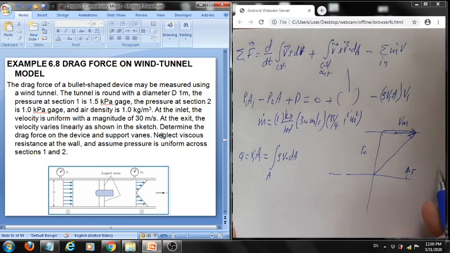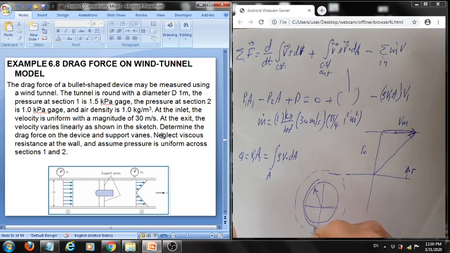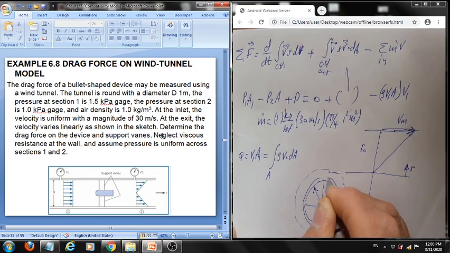Now, if we look at the pipe at a cross-section, we will see the pipe in this configuration. At a certain location, we'll see this small dA like a ring.